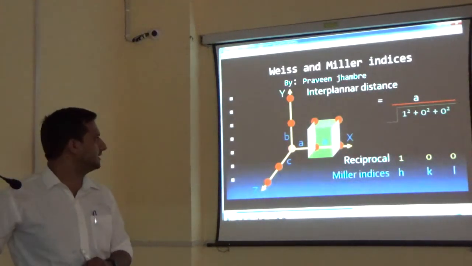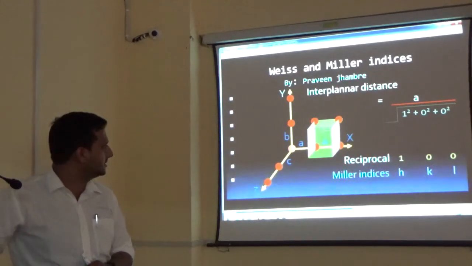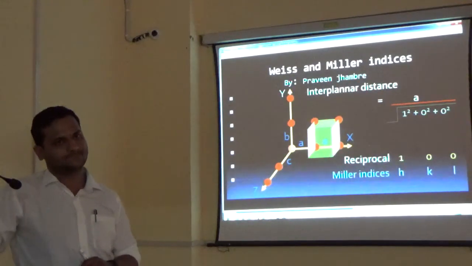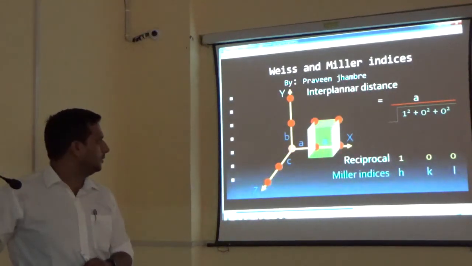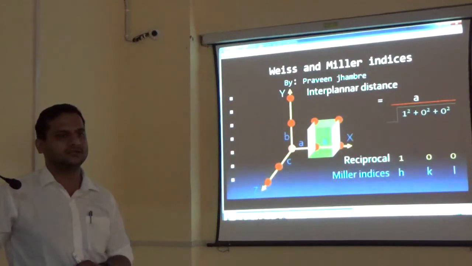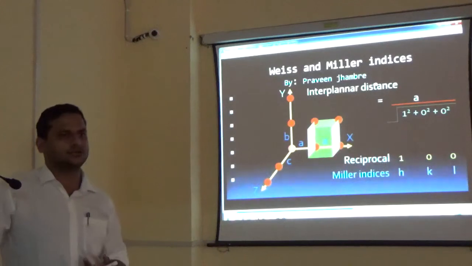If we consider this as a whole crystalline structure, and if we consider this a unit cell only, then it becomes a face of the unit cell. A lot of atoms actually exist in this plane, but they are not shown, for simplicity, so that you can understand the logic behind the Miller indices calculation.